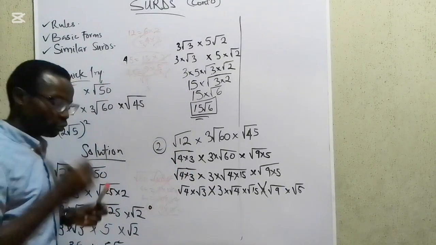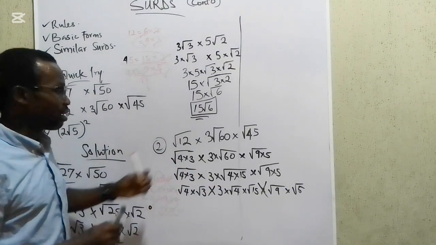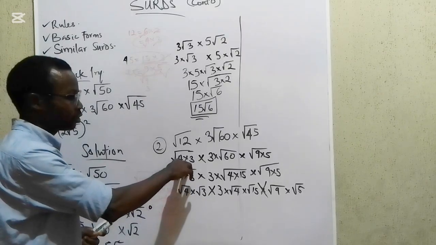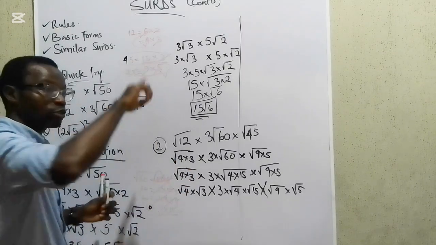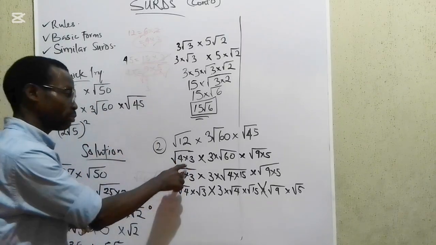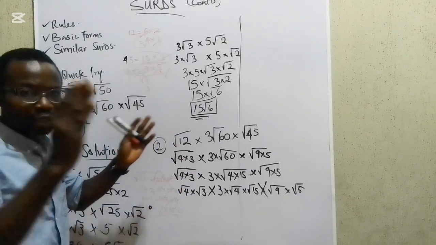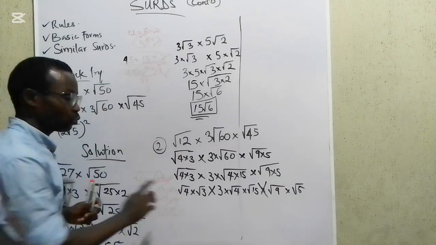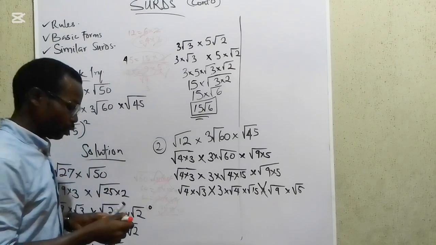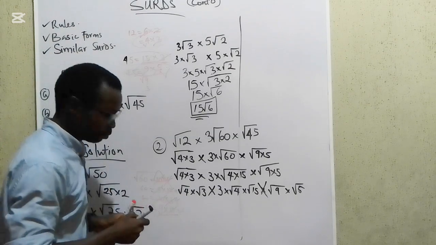Now check the previous video. What I told you is, if you have 2 values under a square root sign that are separated by a multiplication sign, you can just separate them and let both of them have the square root sign separately. So the square root of 4 is 2.